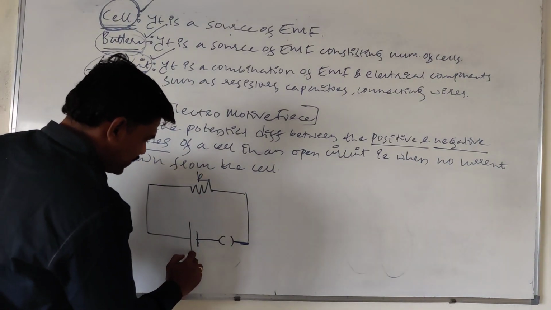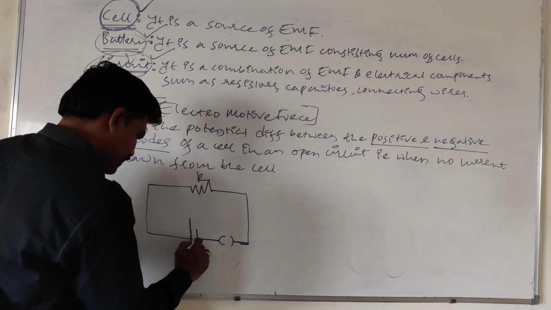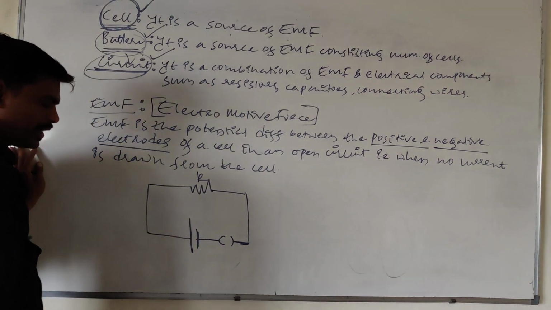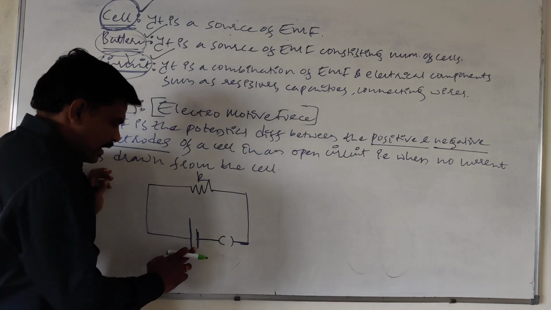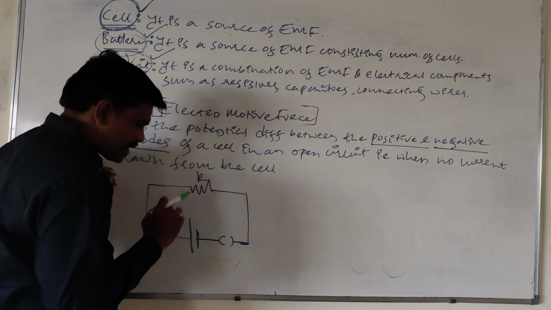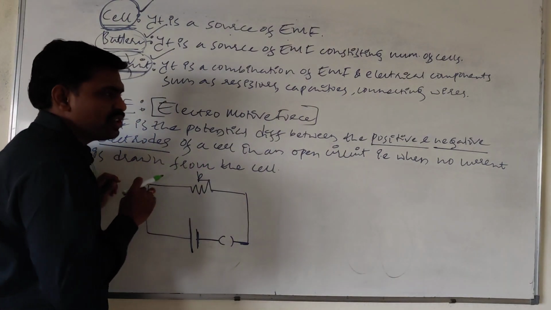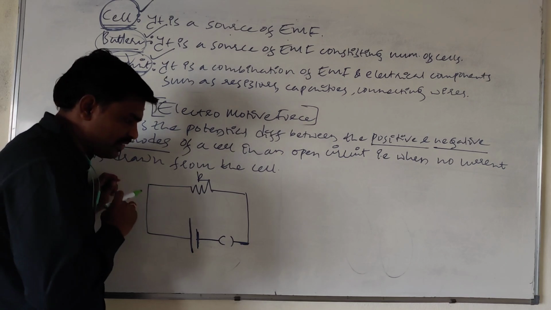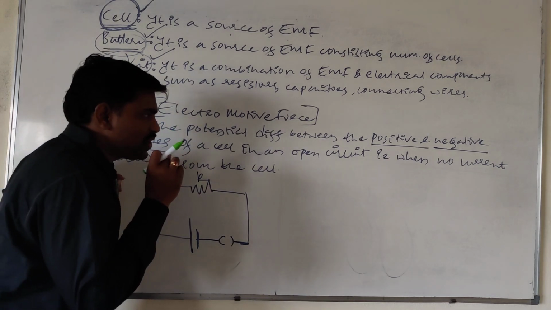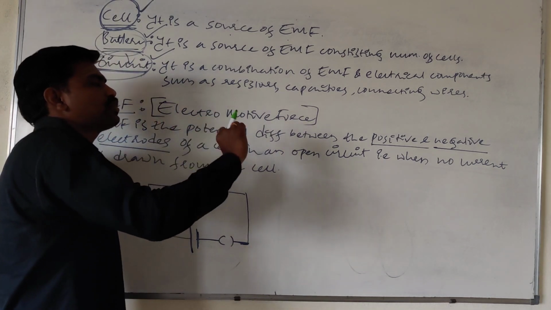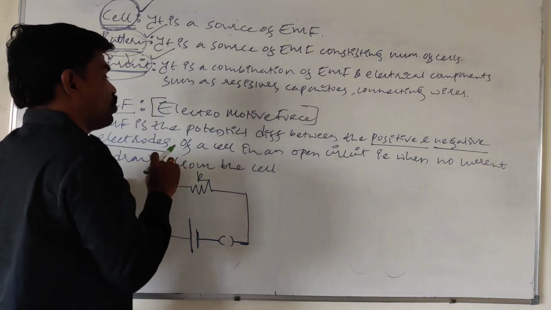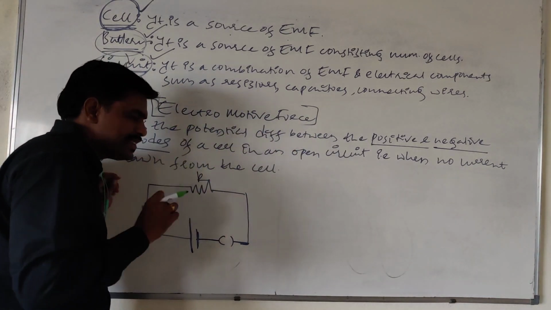And this is a cell. In this case, what happens? There is a potential difference, the potential difference between the positive and negative electrodes of a cell in an open circuit.